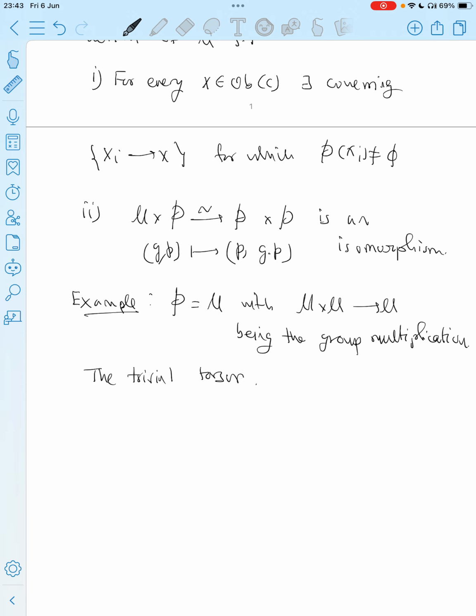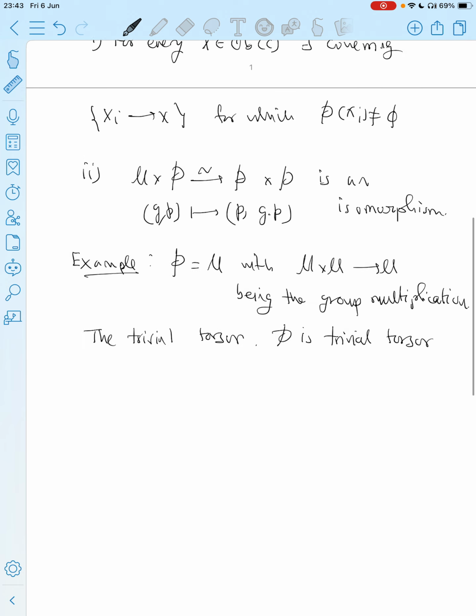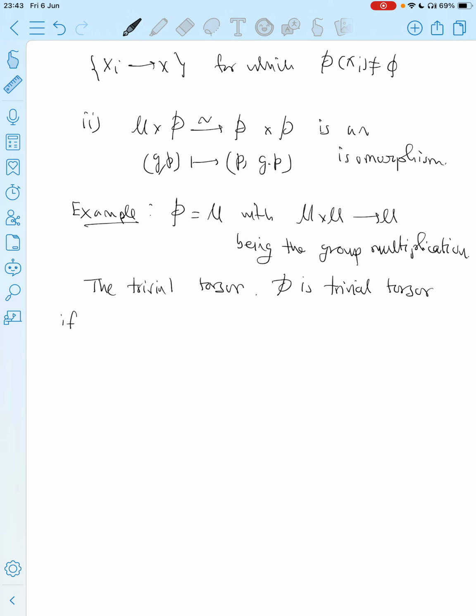And this holds: P is a trivial torsor if and only if there is a global section.